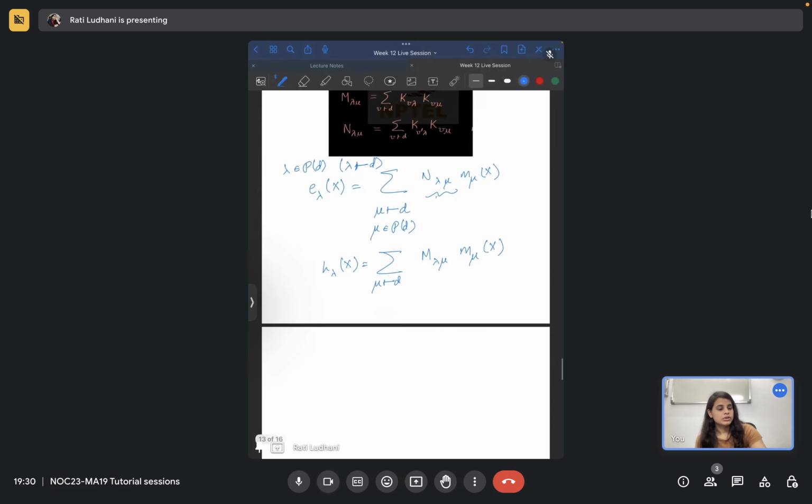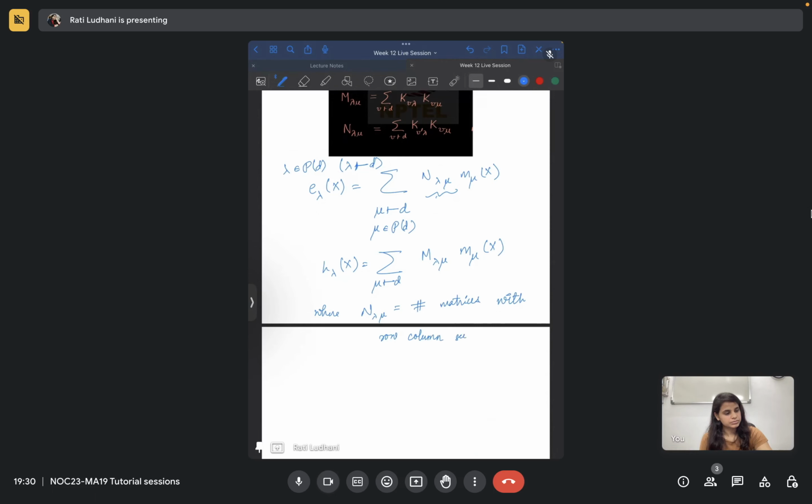Now where n lambda mu, what was n lambda mu? It is the number of matrices with row sum lambda and column sum mu.